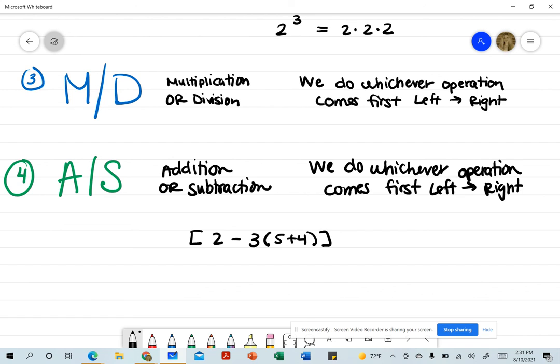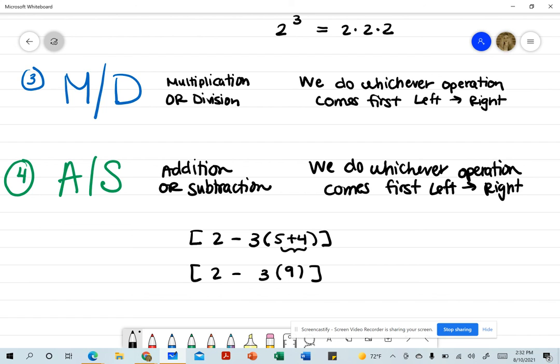When we go into our brackets, we still use PEMDAS, so I look for parentheses in my brackets. Yes, I have parentheses. So right here, I made this a 9. Notice I still put it in parentheses because 3 is multiplied by 9, right?